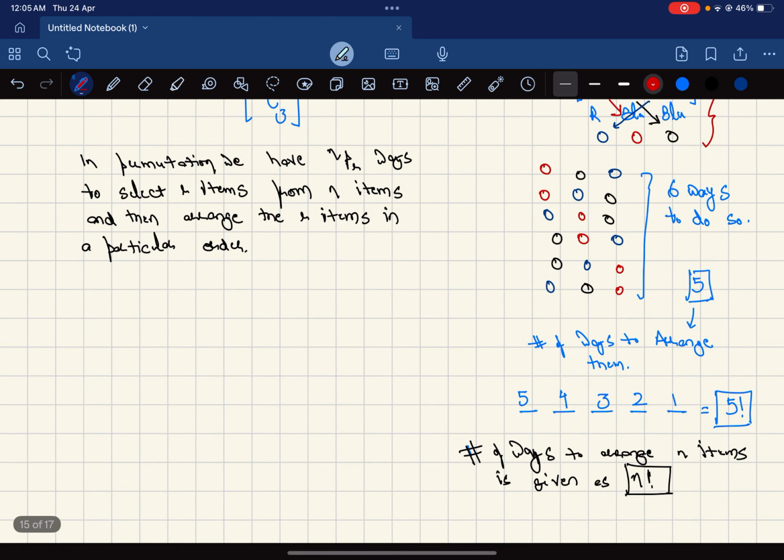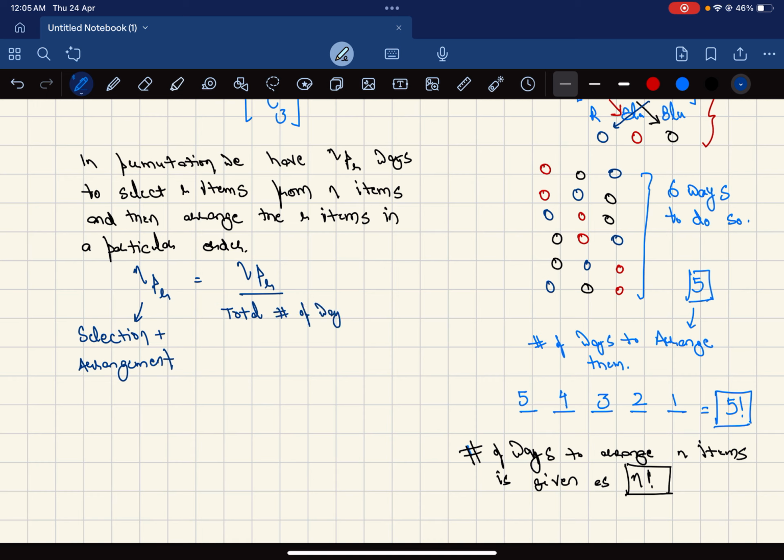So the nPr ways contain both selection plus arrangement. Now let us say we only want the number of ways to select. So what we do, we divide nPr by the total number of ways to arrange, because the total number of ways to select multiplied by the total number of ways to arrange was the value of nPr.